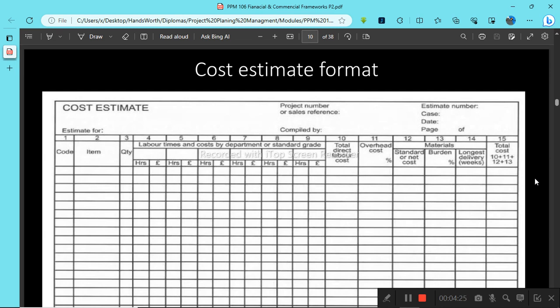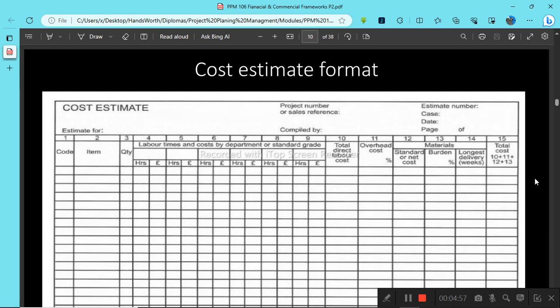Whilst top-down, we start by first just looking at the total cost that can be spent on a given project by comparing our projects to other projects that are similar to ours, and then we begin to look at how we can break down that estimated cost into the small details or activities that will be required in the project that we want to implement.